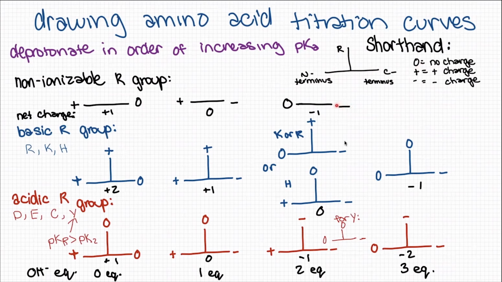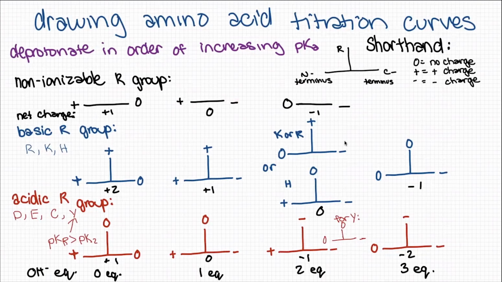So remember that if you have a basic group, an NH3 group, this is going to have a positive charge when it's protonated. But for the acidic groups, the COOHs, those are going to be neutral when protonated, and ionized when deprotonated, and when deprotonated they're going to have a negative charge.